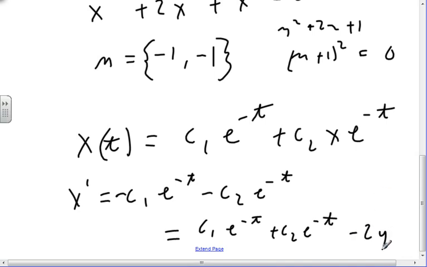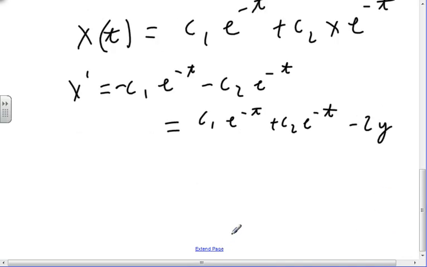Minus 2y. Okay, so y of t is equal to. Okay, so that goes on the other side of the equation. This comes on this side of the equation. They all add up. There's all 2's. I divide them all by 2's.